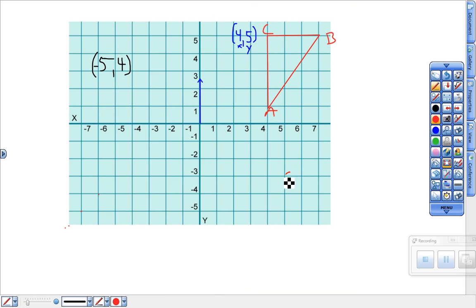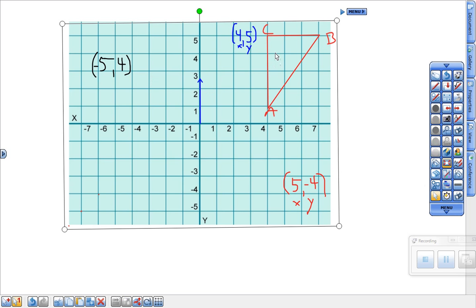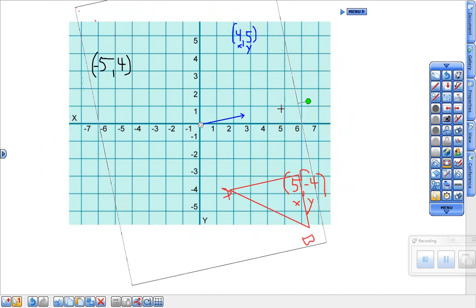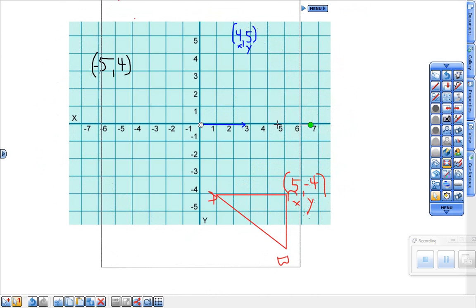So that should end up being not 4, 5, but 5 with negative 4, that is x and y. That's what I should get. The flip-flop with y negative. So let's see if that works. So here's the point up here at 4, 5. I'm rotating it 90 degrees to the right. And I can see it ends up, and that's close enough, at 5 for x, negative 4 for y.